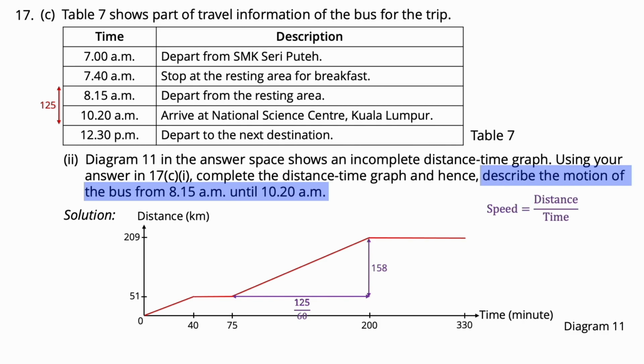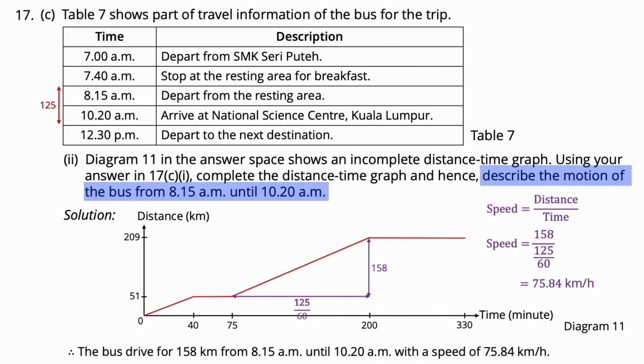Speed equals distance over time. 158 divided by 125 over 60. The calculated result is 75.84 km per hour. Therefore, the bus drives for 158 km from 8:15 a.m. until 10:20 a.m. with a speed of 75.84 km per hour.